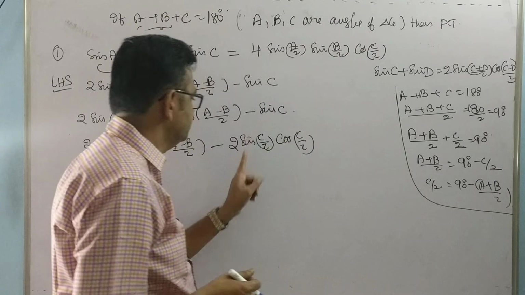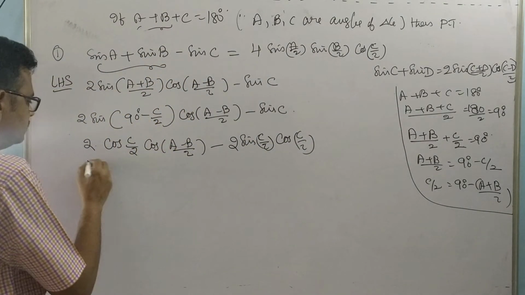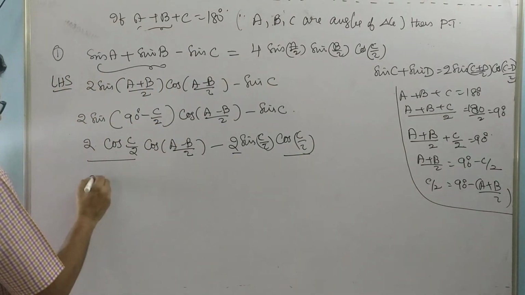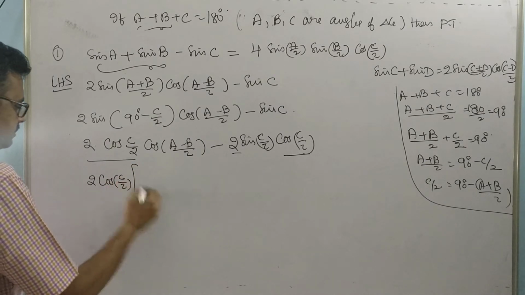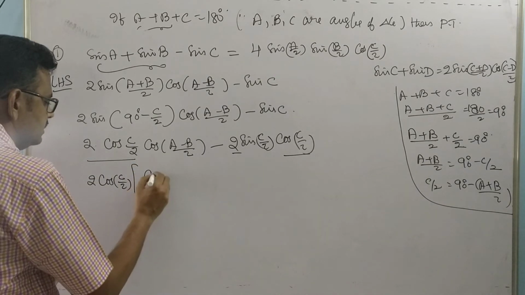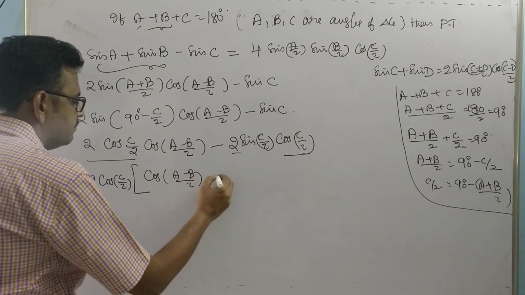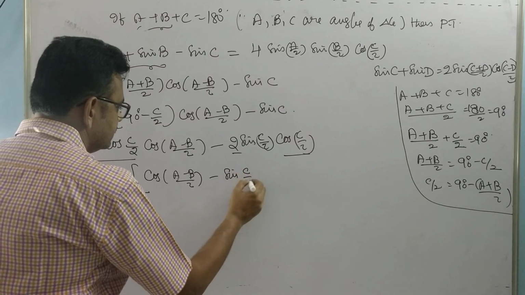So sin C form is 2 sin C by 2 cos C by 2. Here 2 cos C by 2 is taking common. So this is cos of A minus B by 2 minus sin C by 2.